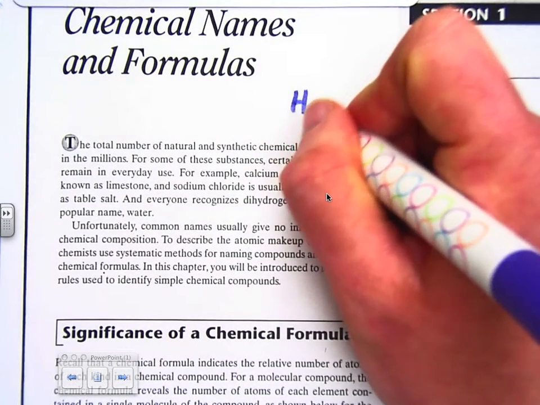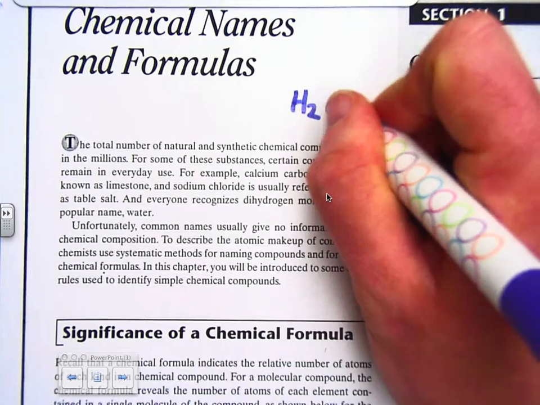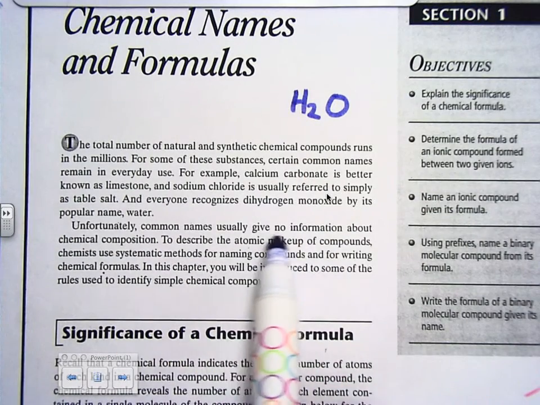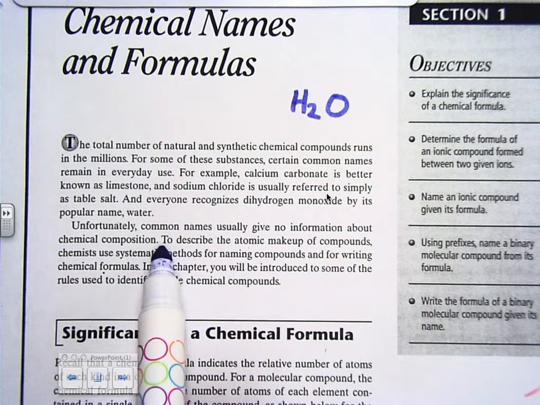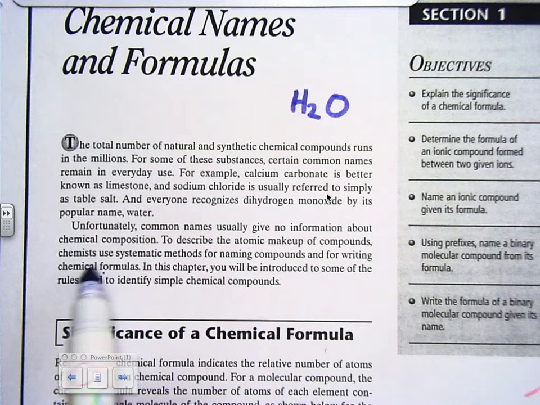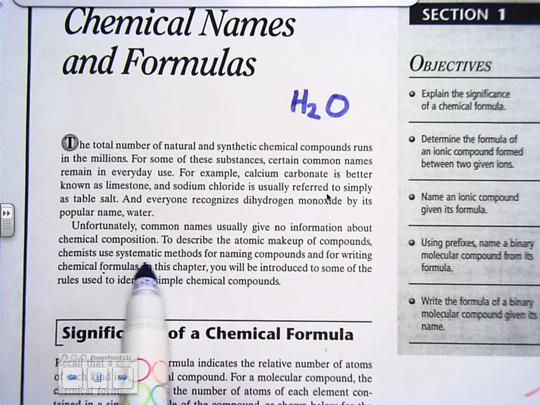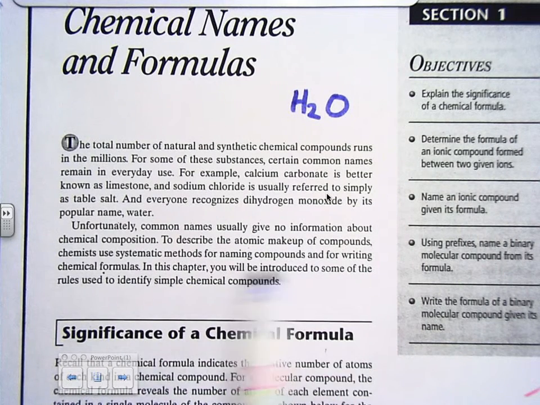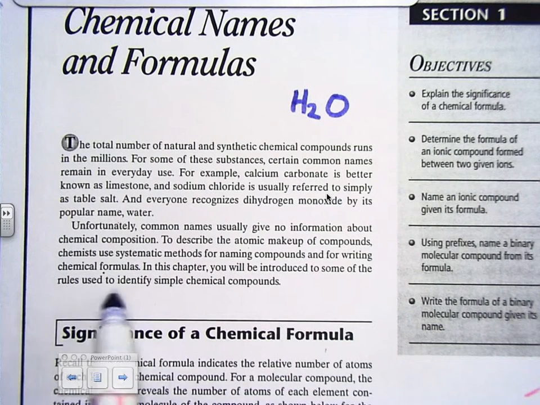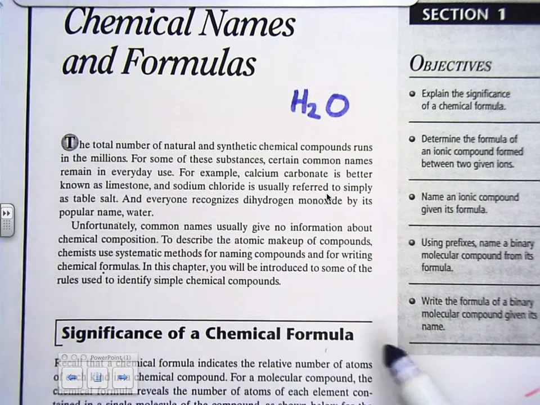Dihydrogen, that's H2, monoxide means O, water. Very cool. Unfortunately, common names usually give no information about chemical composition. To describe the atomic makeup of compounds, chemists use a systematic method of naming compounds and writing formulas. In this chapter, you will be introduced to some of the rules used to identify simple chemical compounds.